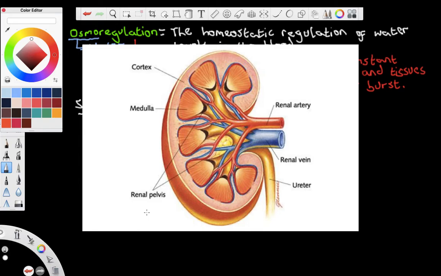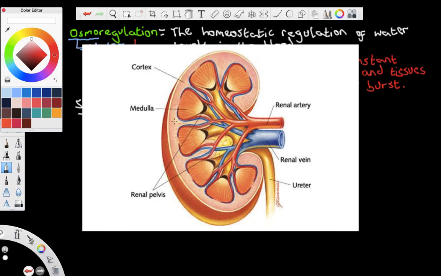Now, if we were to cut a kidney as a cross-section through the middle, we would have these various different parts. The lighter parts, which are shown here, are known as the cortex, and these are made up of what are known as renal or Bowman capsules, convoluted tubules, and blood vessels.